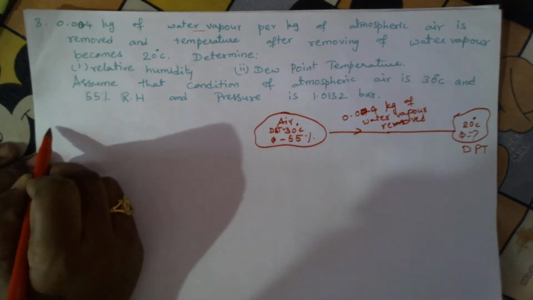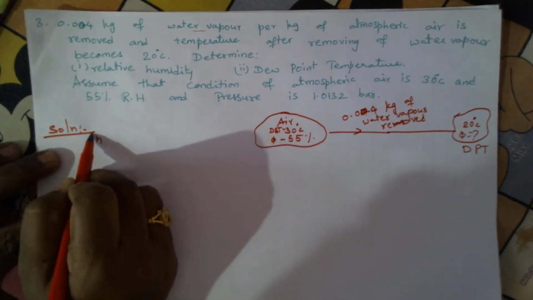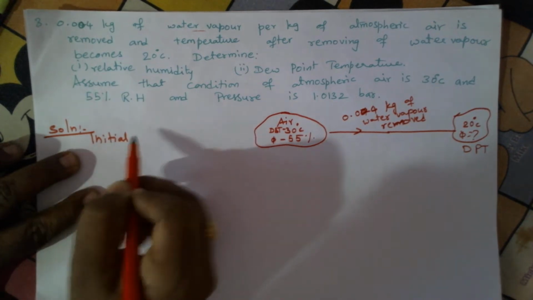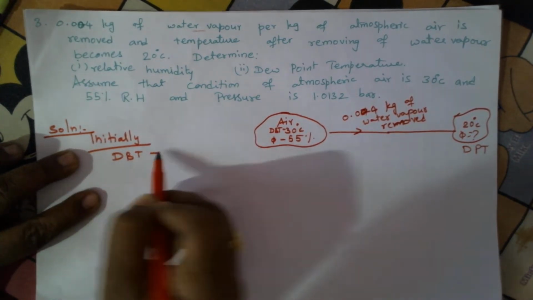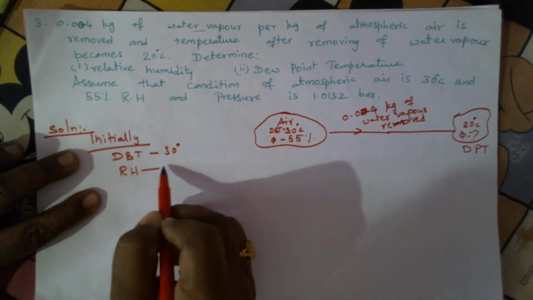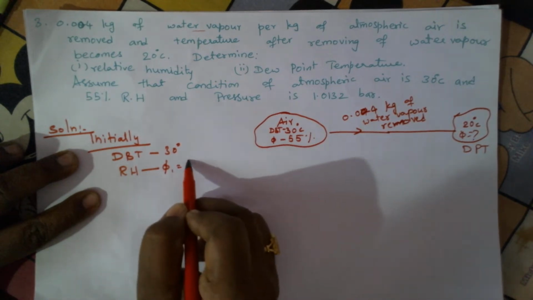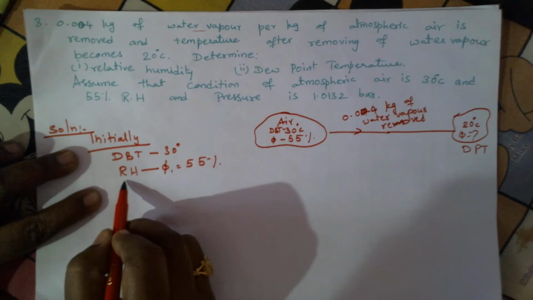First let us see the data given. Initially, dry bulb temperature is 30 degrees centigrade. Relative humidity phi 1 is equal to 55%. And what is the pressure given?